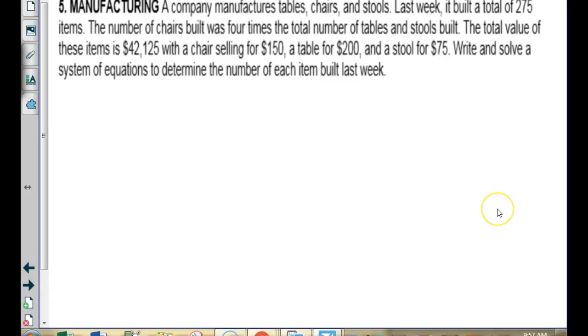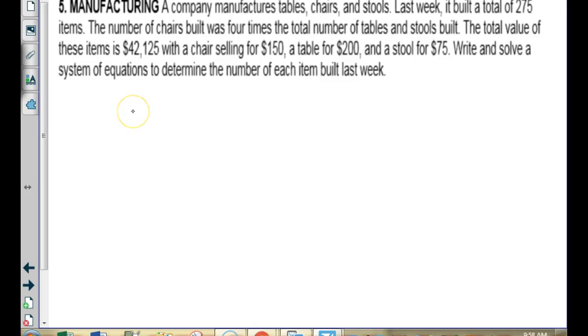All right, number 5, we get to do an application. A company manufactures tables, chairs, and stools. Last week it built a total of 275 items. The number of chairs built was 4 times the number of tables and stools built. The total value of these items is $42,125, with a chair selling for $150, a table for $200, and a stool for $75.